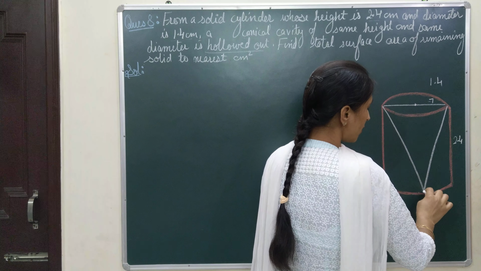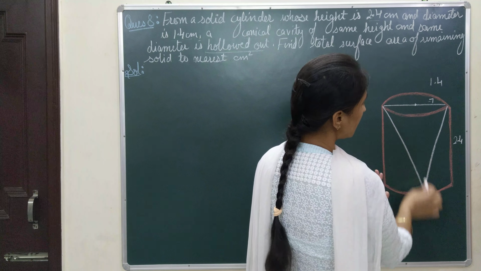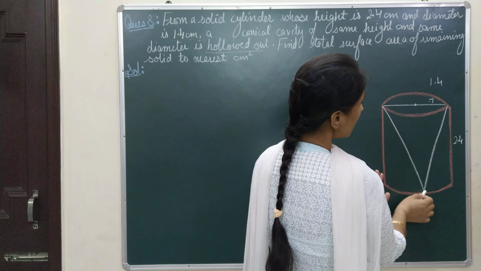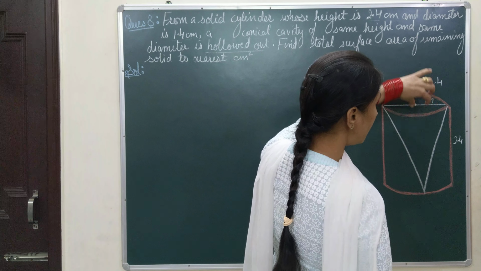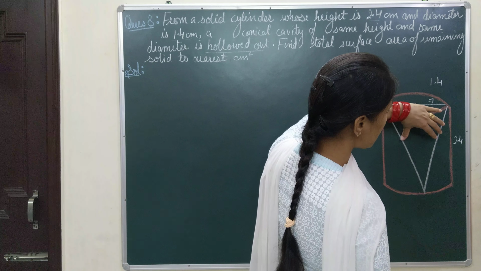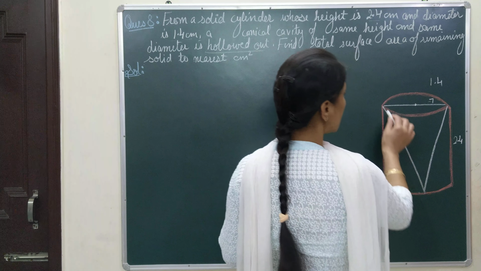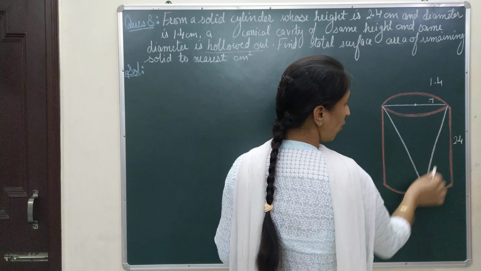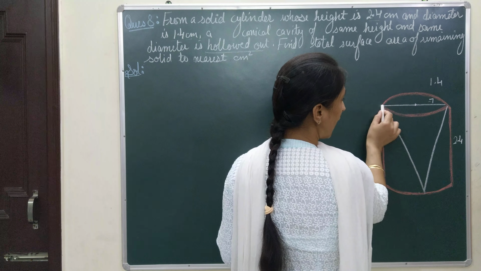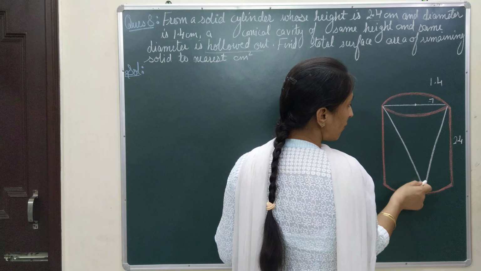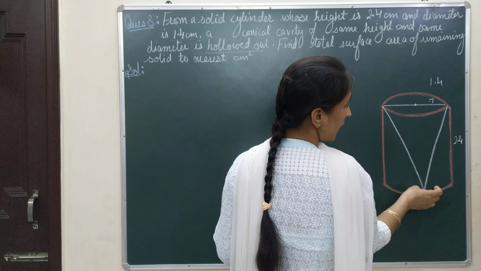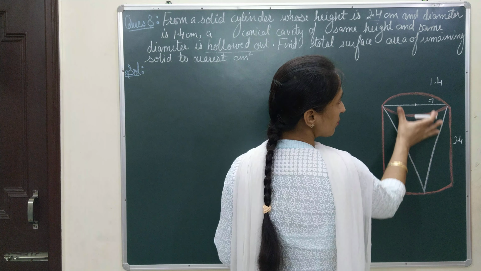So empty space will be there in the shape of a cone. When they take out ice cream in the shape of a cone, a cavity, a hollow space, will be formed, and that hollow space will take the shape of a cone because you have taken ice cream in such a way that a cone is formed.